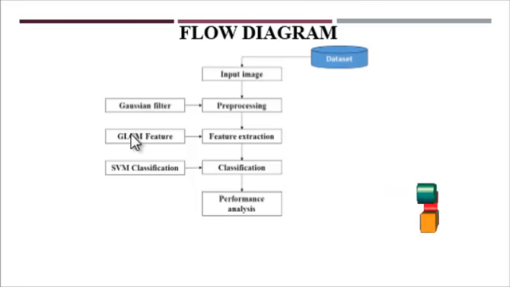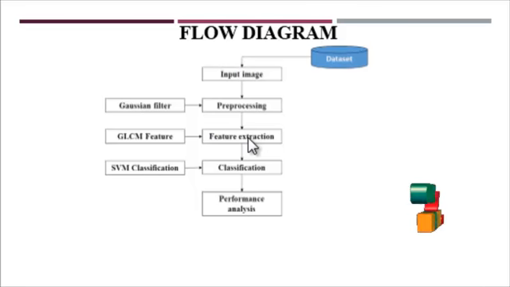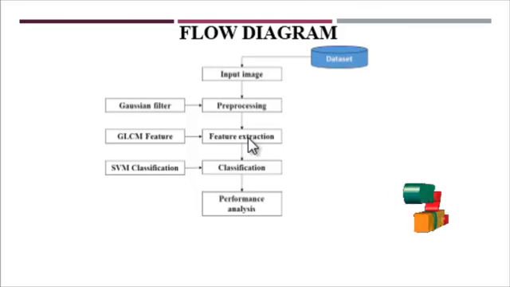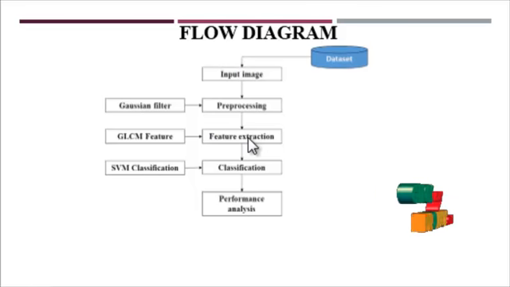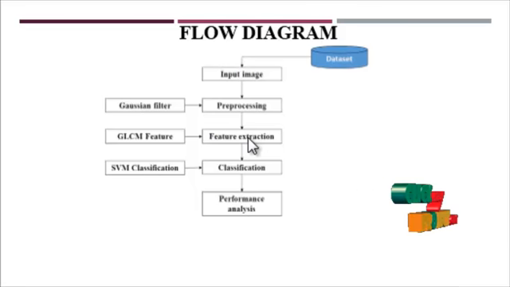Next is the feature extraction method. Here we are using the GLCM feature. The texture features were extracted from the images based on the gray level co-occurrence matrix. GLCM statistics like energy, correlation, entropy and homogeneity were extracted from the center of the tumor and the whole tumor regions. The calculation of the GLCM statistics was applied at different distances and different angles.